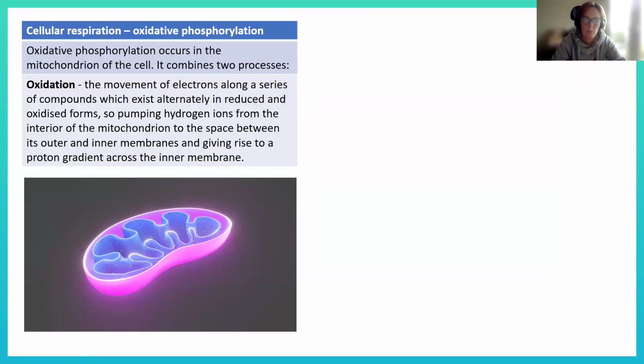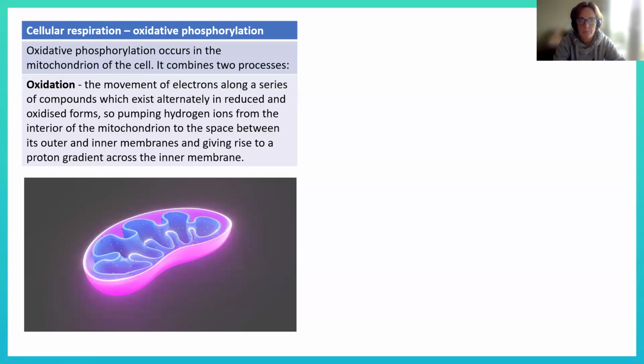It's really important. So cellular respiration has a process called oxidative phosphorylation. It occurs in the mitochondria of the cell, so it's plural, mitochondria, and single, mitochondrion. So it's obviously going on in lots of these. There are two processes that happen.